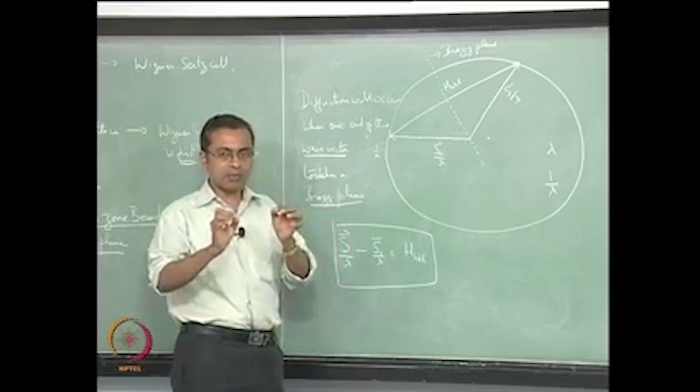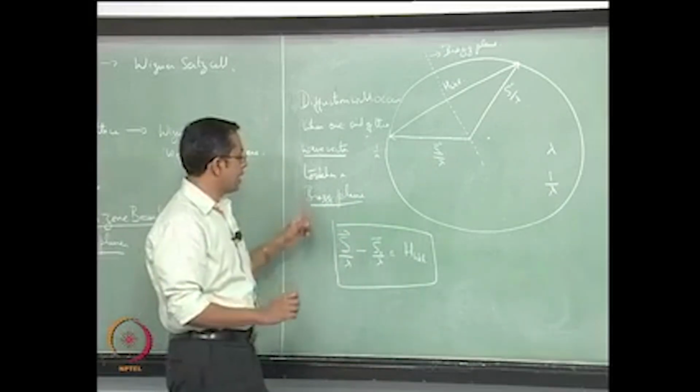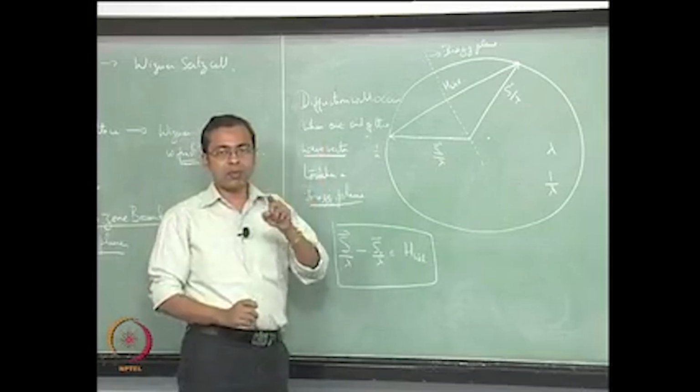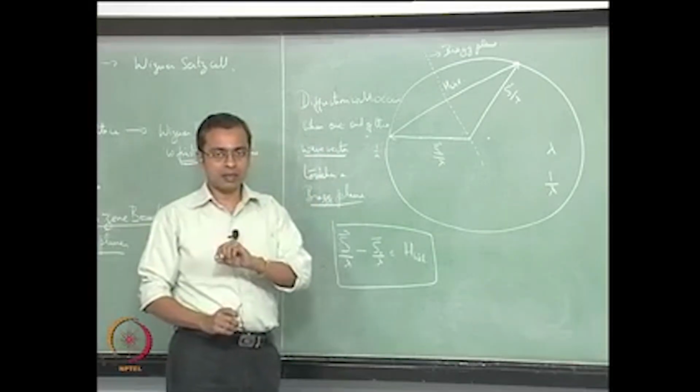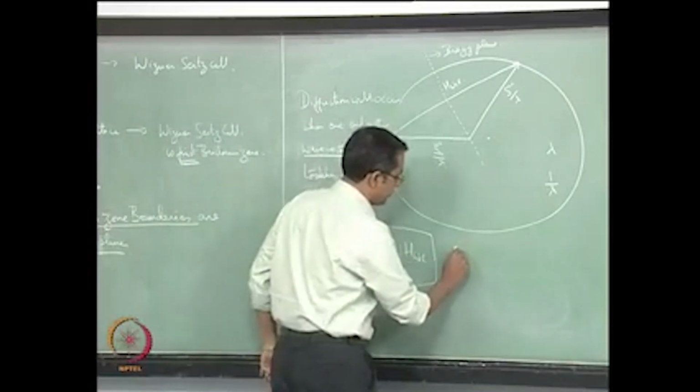So we will now take this one single line of information with us, which is that when the wave vector touches a Brillouin zone boundary, diffraction will occur.